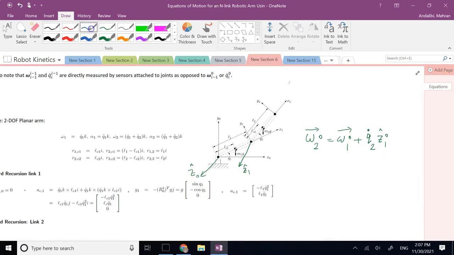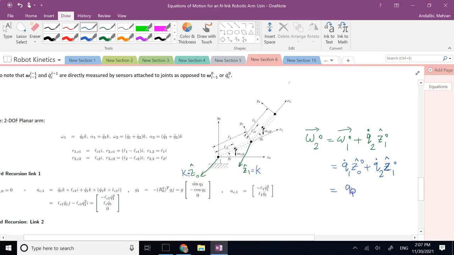So this one is definitely omega of 1 with respect to 0. The magnitude of it is q1 dot times z of 0, then plus q2 dot times z of 1 in 0. And clearly, if I call this one k, this one is also k. They are both out of the plane.